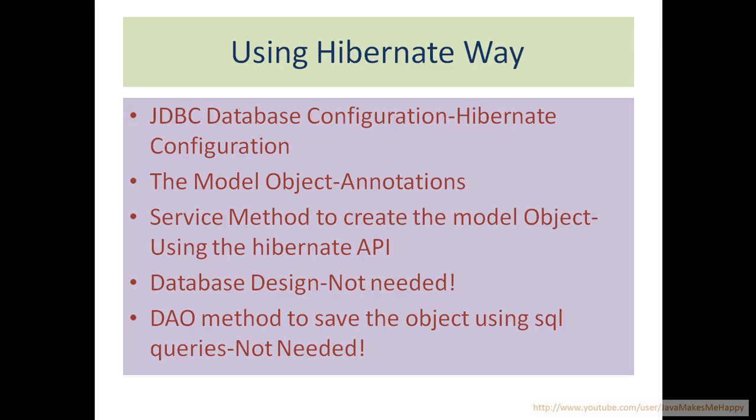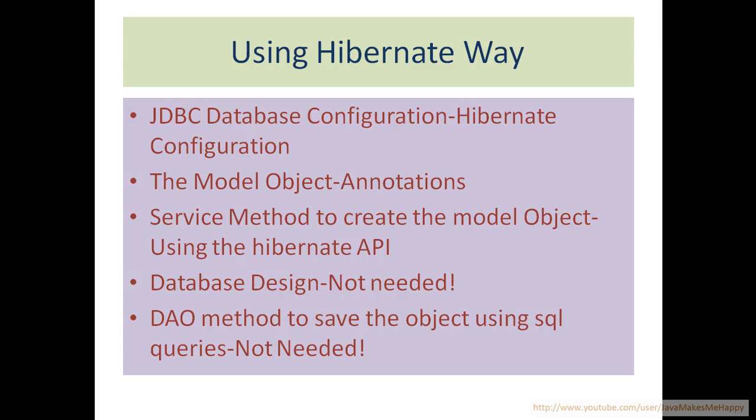JDBC database configuration is needed here also in Hibernate in order to connect to your database, and you have to tell Hibernate this is my database name, this is my username, this is my password, and this is the URL of my database and the port number you want to connect to. For that you need a Hibernate configuration XML file. We will come back to that in our next tutorial, on how the Hibernate configuration can be done.